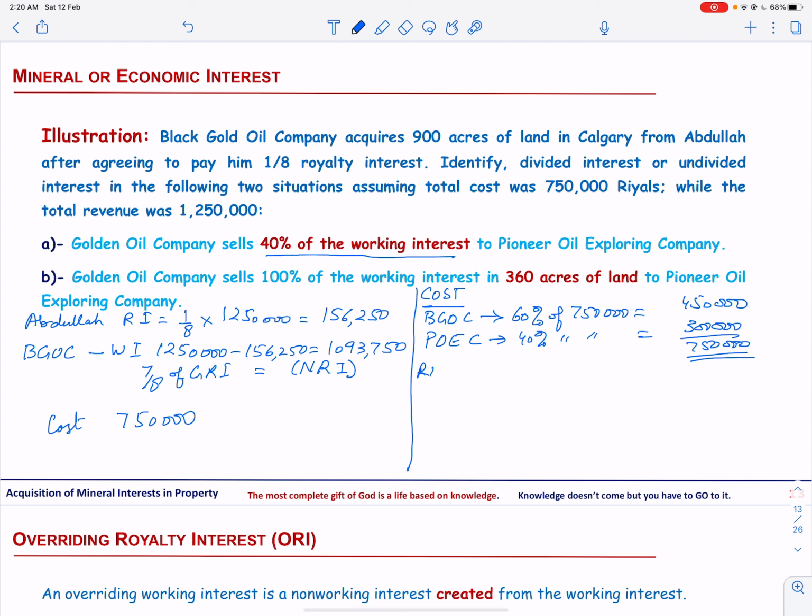Regarding revenue, remember that Abdullah was paid 1/8 of the gross revenue. So the balance is 7/8.